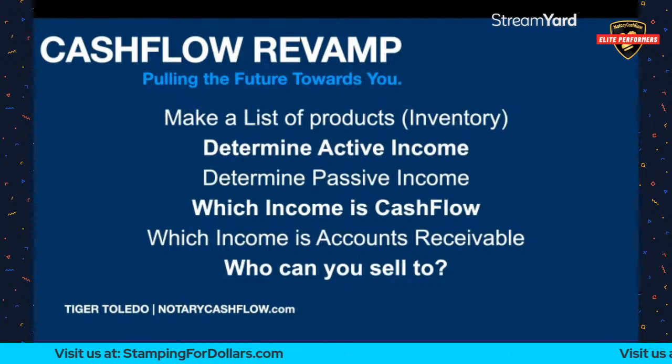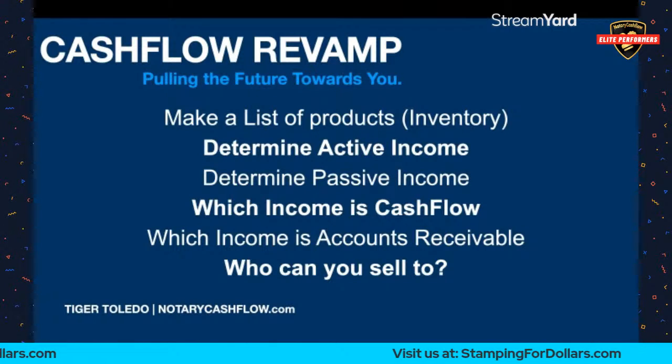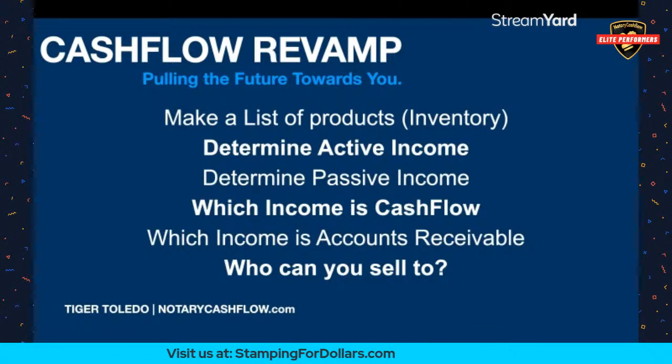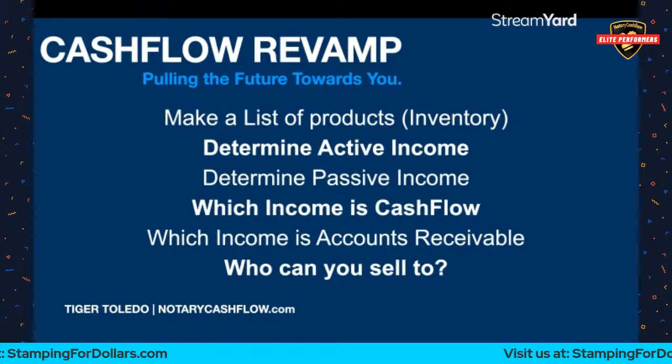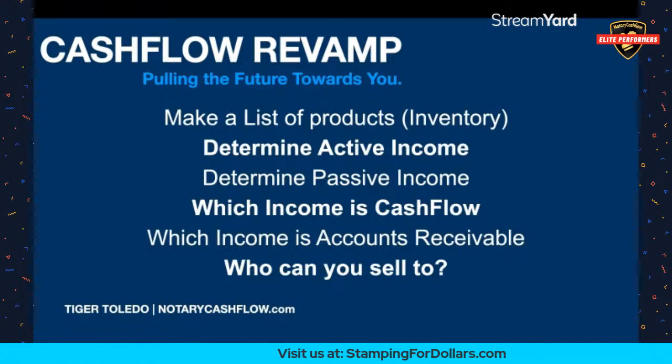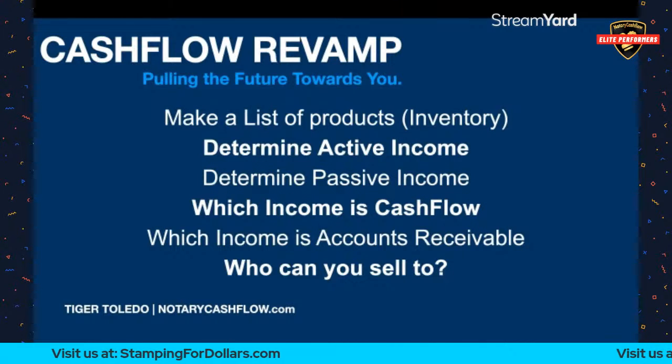I'll give you another example. U.S. Notary Agency is active income, right? But Rise of the Smart Notary is account receivables because Amazon will only cut me a check once a month. So I have to wait on that money.